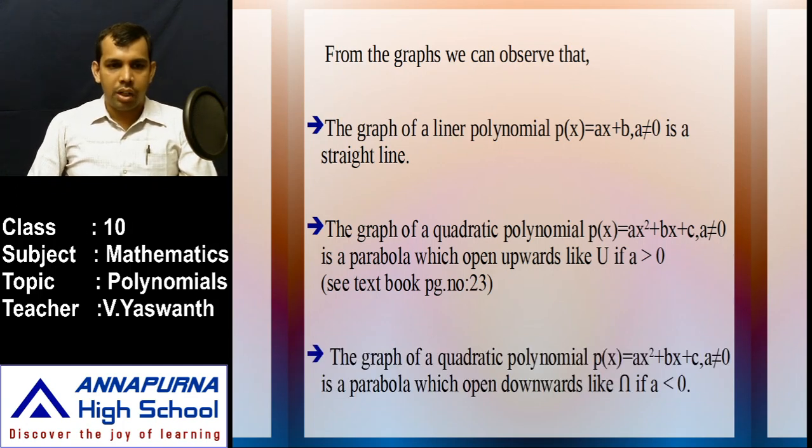The graph of a quadratic polynomial p of x is equal to ax square plus bx plus c, a not equal to 0, is a parabola which opens downwards if a is less than 0. So these 2 points are most important for objectives.